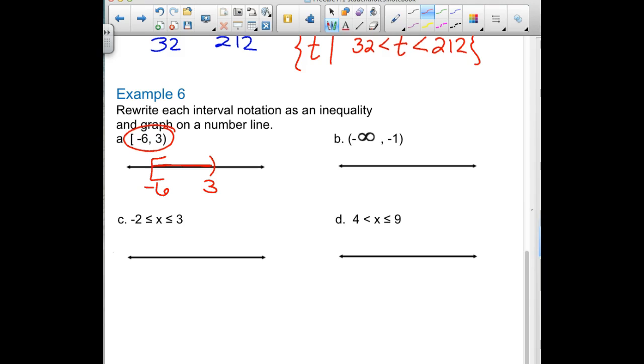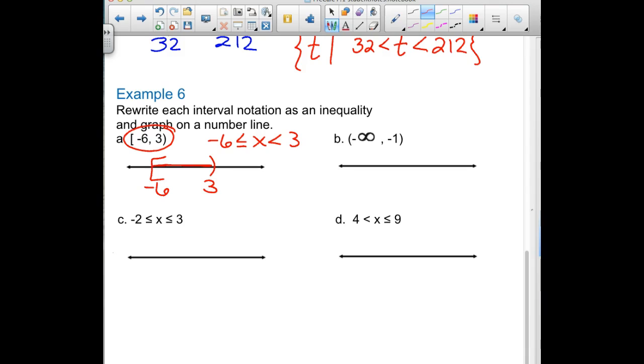Stating it as an inequality, same order. We have -6 and we have 3. We want x to be everything in between there. Since we cannot get to 3, we have to be smaller than it. We need x to be less than 3. And on the left side, we can actually hit that -6 mark, so we're going to use the less than or equal to.